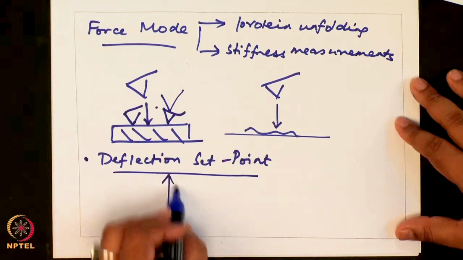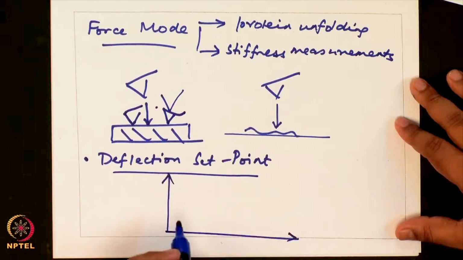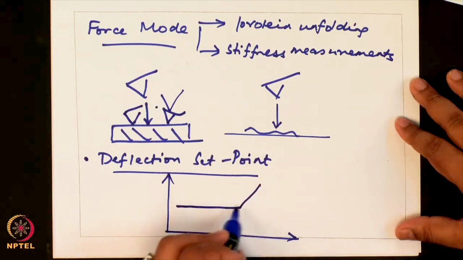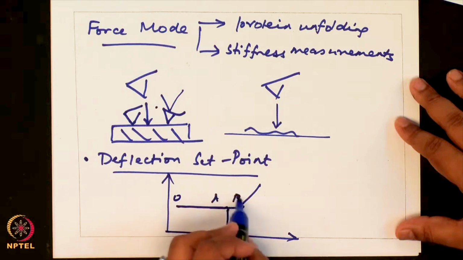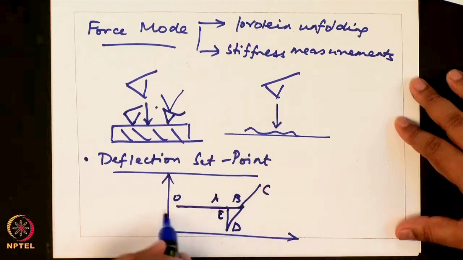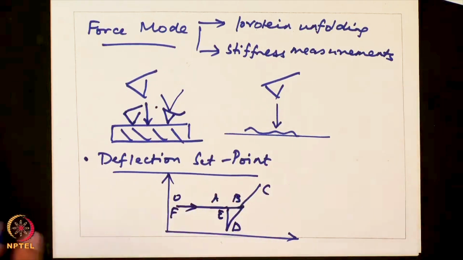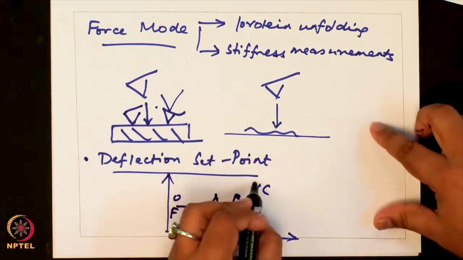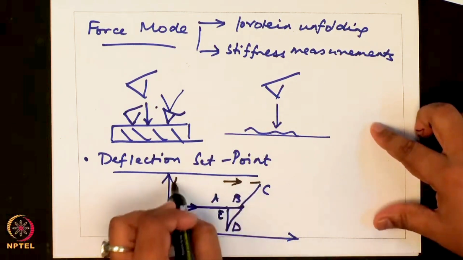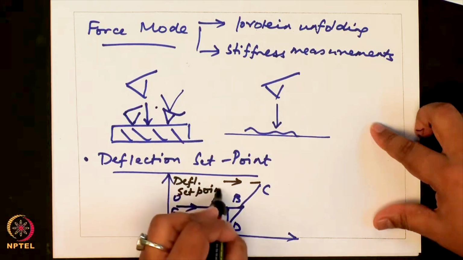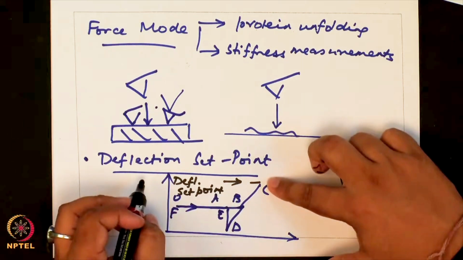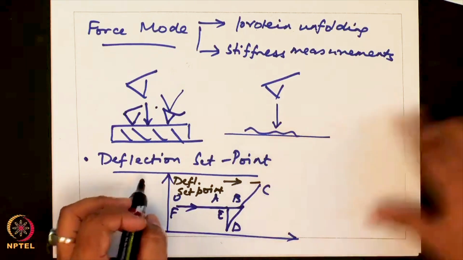So, if you do force mode on a stiff surface, let us say like glass, you would get a curve like this. Okay. O, A, B, C, D, E, F. Okay. You are coming to this point, this maximum point of deflection, this corresponds to your deflection set point, because if you deflect more, there is a chance that your tip might be damaged. Okay.